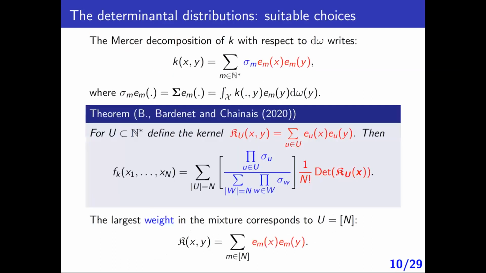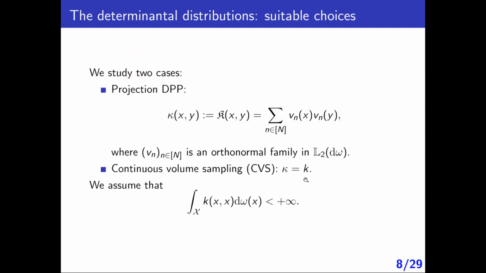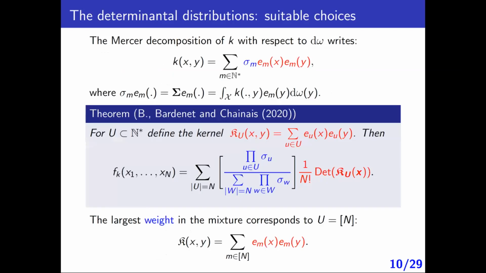Okay, now we have a lot of choices for the projection DPP. As I have said, we will choose kappa equal to k, or kappa a projection DPP. But in this case, we can choose V to be anything, so we need to specify the projection DPP. We will start from the Mercer decomposition of k with respect to d omega that contains the eigenvalues and eigenfunctions of the integration operator, big sigma.